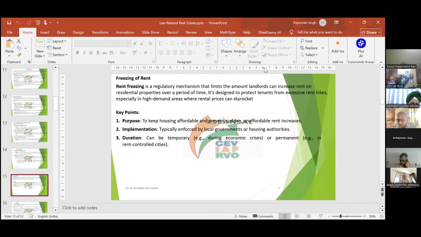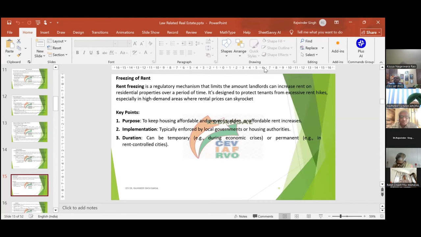Then freezing of rent. So first thing you must understand is what is freezing of rent.